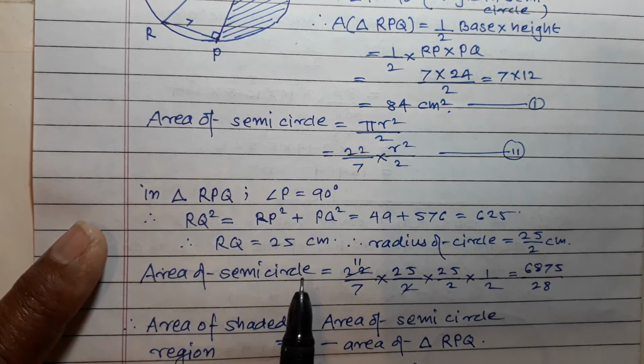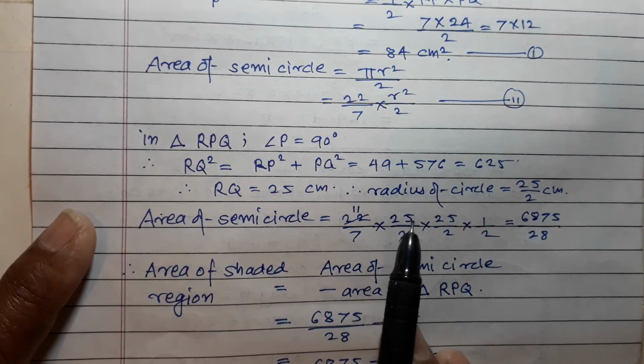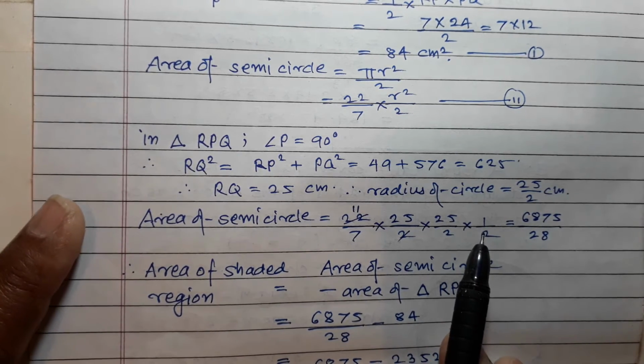Area of semicircle is equal to 22 upon 7 into 25 upon 2 into 25 upon 2 into 1 upon 2.